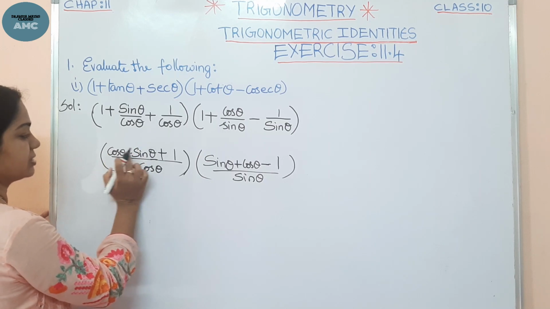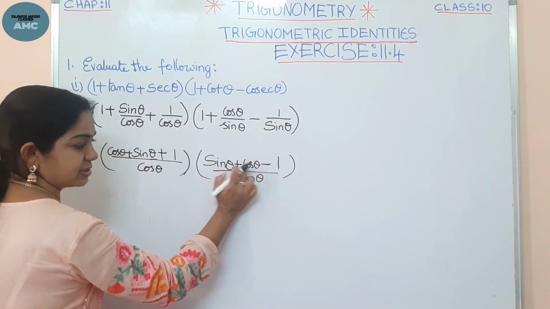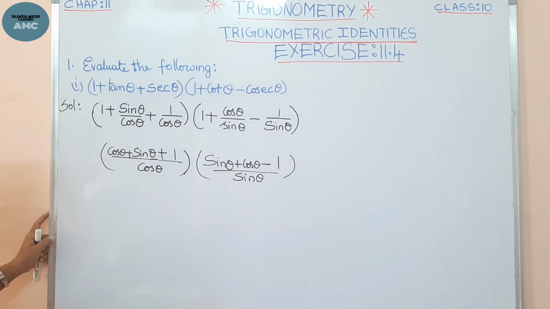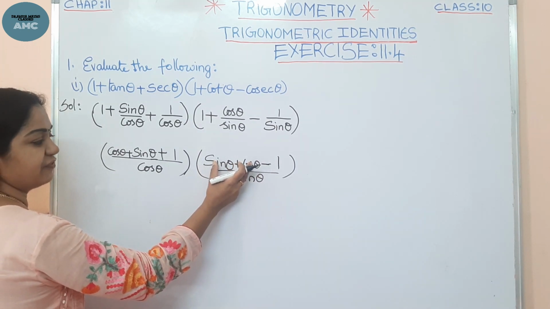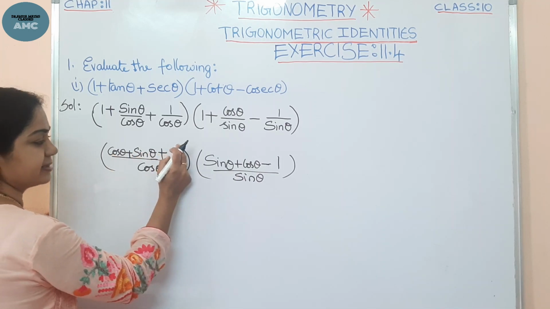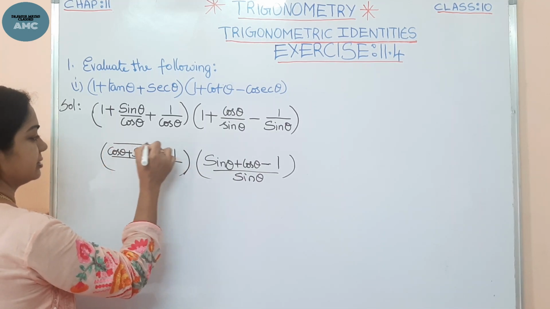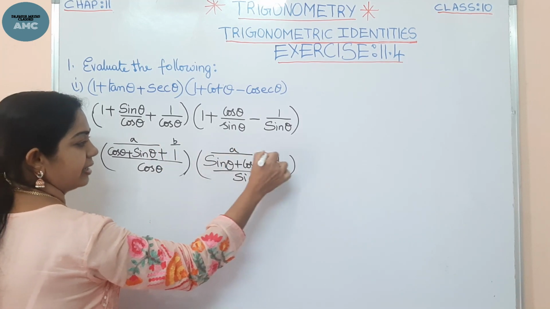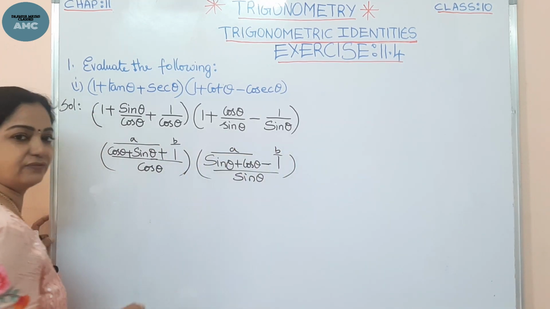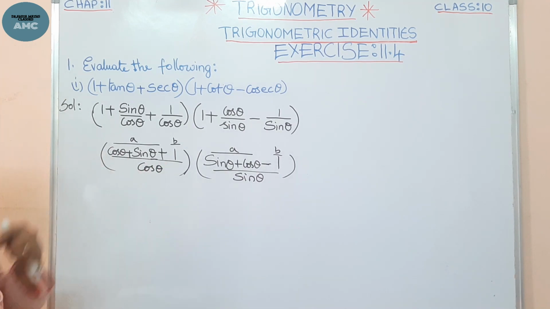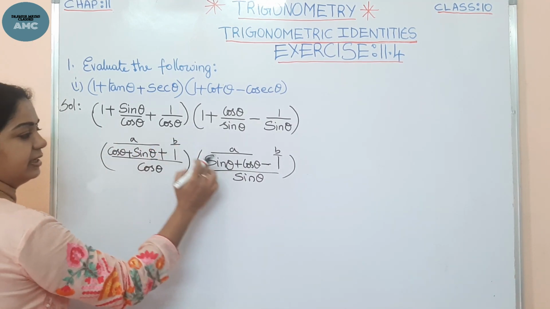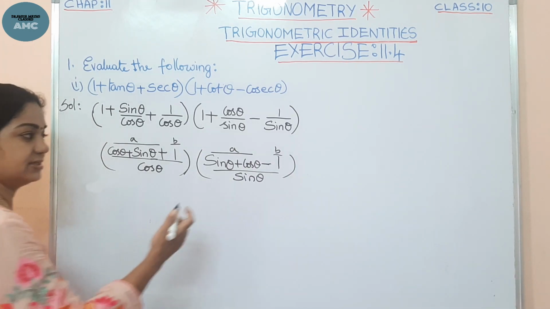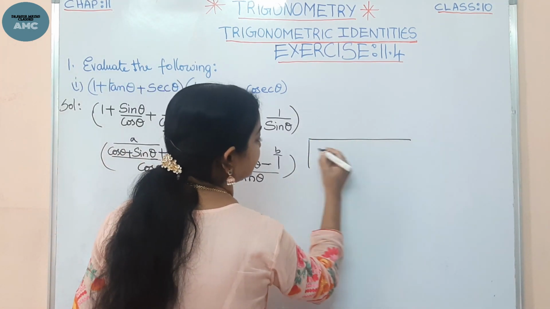And if you see cos plus sine plus 1, cos plus sine minus 1, here sine plus cos or cos plus sine, one and the same. A plus b is equal to b plus a. If you think of this as A and this as B, clearly there is an algebraic identity here.